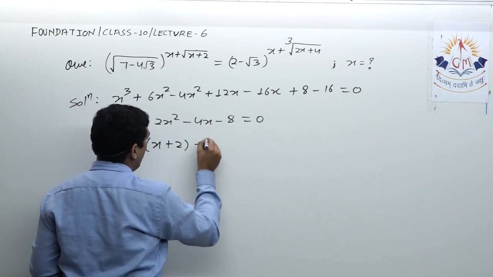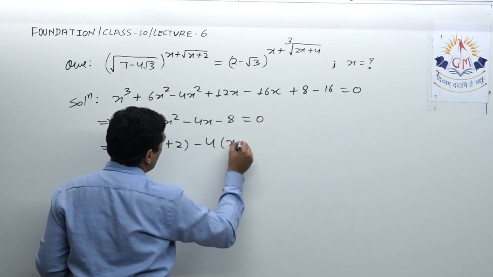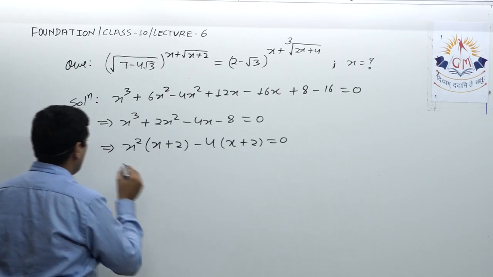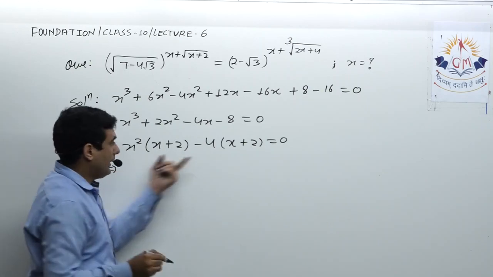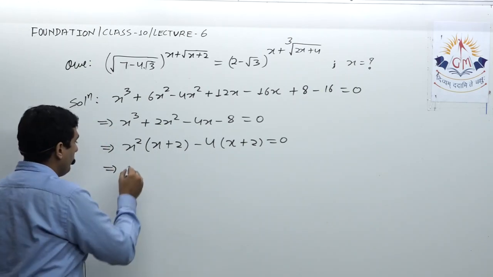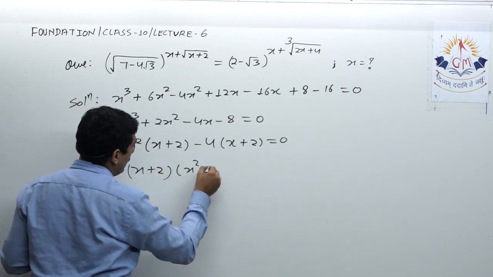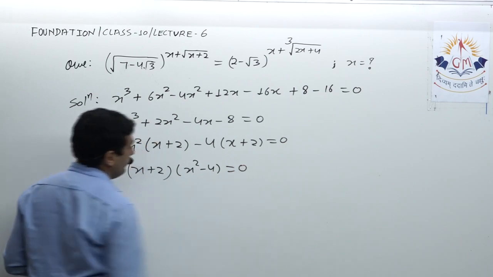Now from here if I take 4 common, again I'll get x plus 2. So now I can take common (x plus 2) from these two, and over here I am left with x square minus 4.